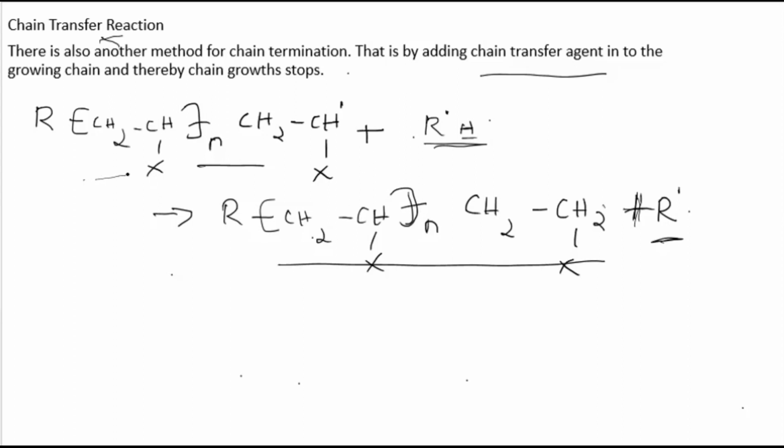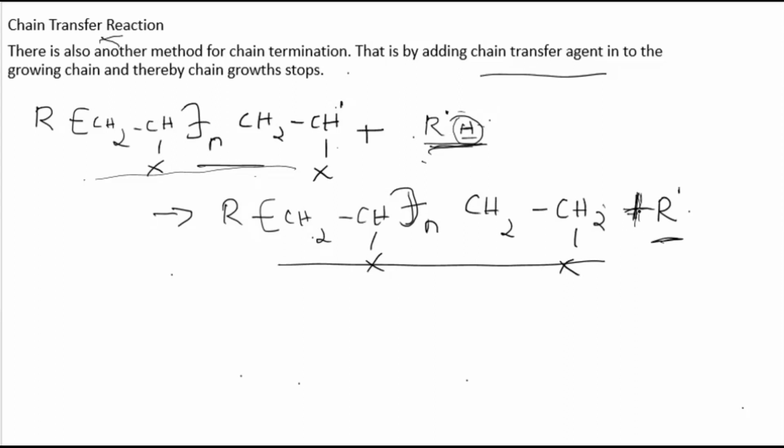This is a growing chain with a radical site, plus this is a chain transfer agent. This growing chain will abstract hydrogen from the chain transfer agent, and it gets stabilized like this, thereby arresting the chain growth.